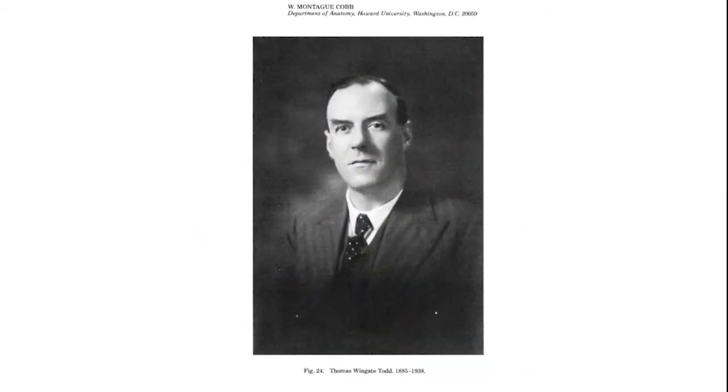The forerunner to the cephalometer, termed the Reserve Craniostat after Case Western Reserve University Medical School in Ohio, was developed by English surgeon and anatomist Thomas Wingate Todd after his appointment as professor of anatomy at Case Western Reserve University Medical School in the USA.